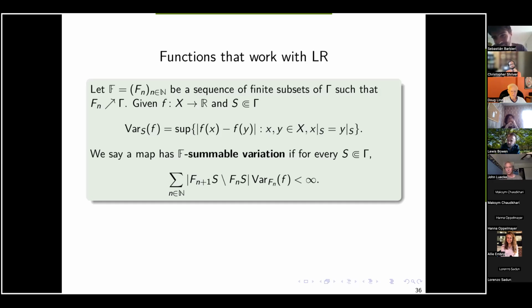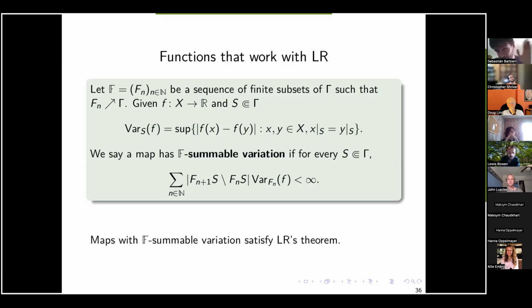It's a somewhat strong condition. It coincides with the usual summable variation conditions on Z to the D. Well, I can prove that for anything of this sort, these maps satisfy the LR theorem as well. So if you like these kinds of maps, you can also use them.